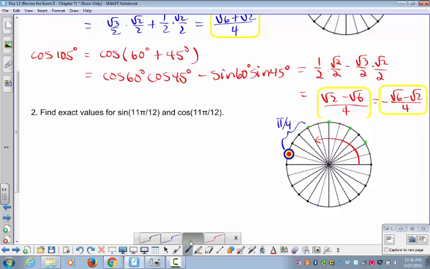Pi over 3 is 2 of these 15-degree ones. 1 pi, oops, I'm sorry. That's a pi over 6. 2 of the 15s is a pi over 6. 2 of the 15s is 30 degrees. So there's 1 pi over 6, 2 pi over 6, 3 pi over 6, 4 pi over 6, which is the same as 2 pi over 3. 2 pi over 3. That is our angle right there. 2/3 of the way to pi.